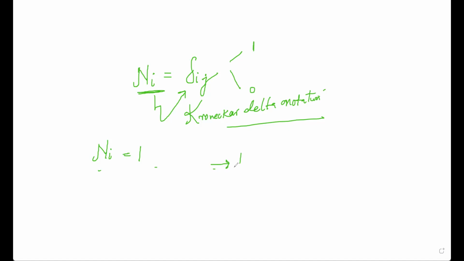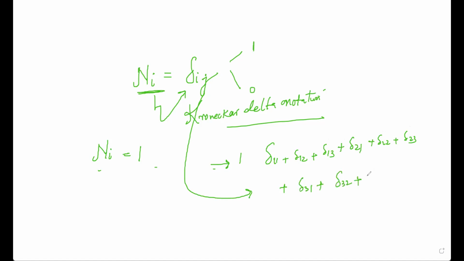If you look at the summation of delta ij, it is written as delta 11 plus delta 12 plus delta 13 plus so on. It actually includes 9 components, as we know from solid mechanics: plus delta 21 plus delta 22 plus delta 23 plus delta 31 plus delta 32 plus delta 33.